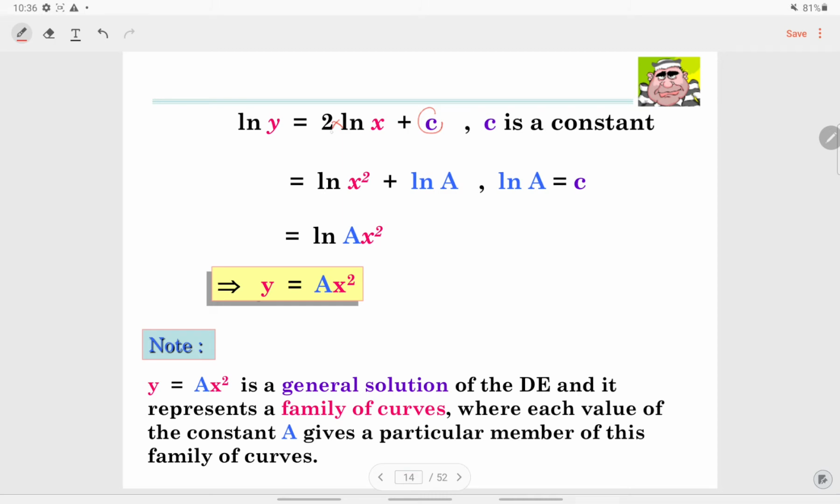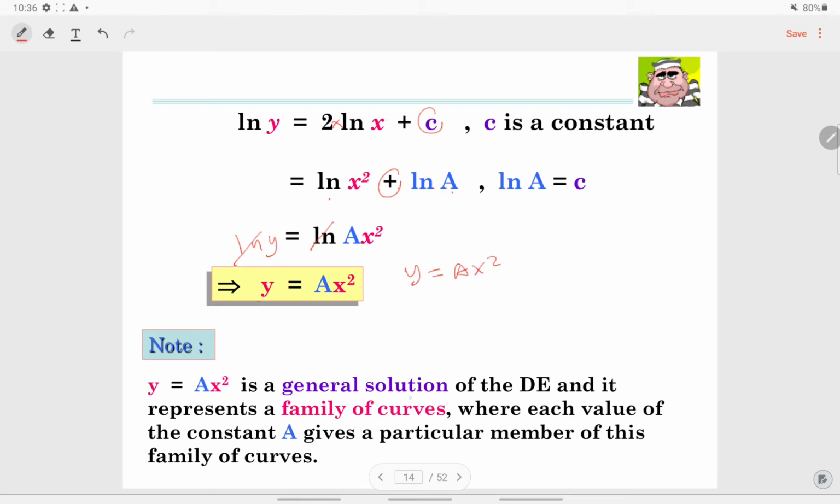The multiplication here means ln x squared plus ln a, where ln a equals c, and then ln y equals ln a x squared, since it is plus here. For ln it will be multiplied, ln a x squared. So the ln on the left hand side and the right hand side cancel out, so we get y equal to a x squared.